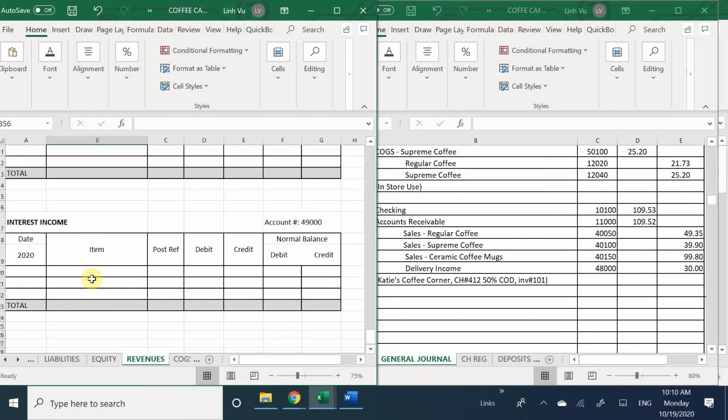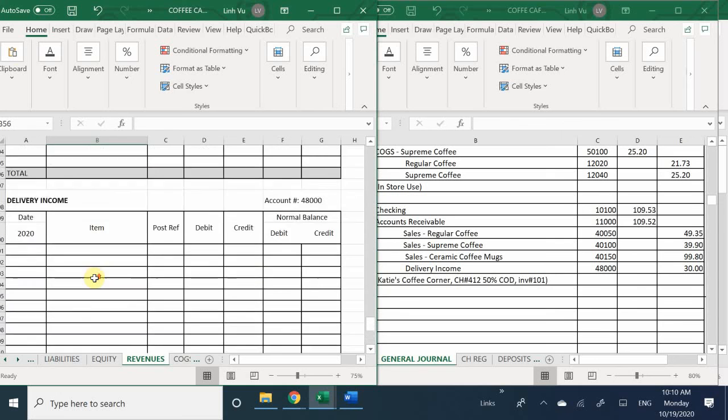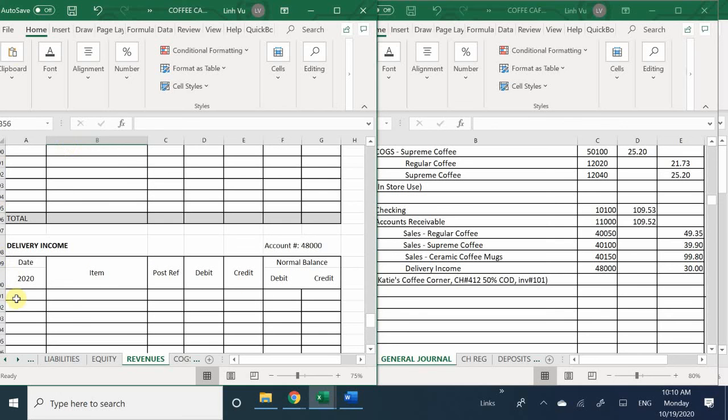Lastly, we're going to go to our delivery income, which should be at the very bottom of your revenues. So here, delivery income, 618. I'm going to put invoice number 101 because that's what I charged the delivery income to.